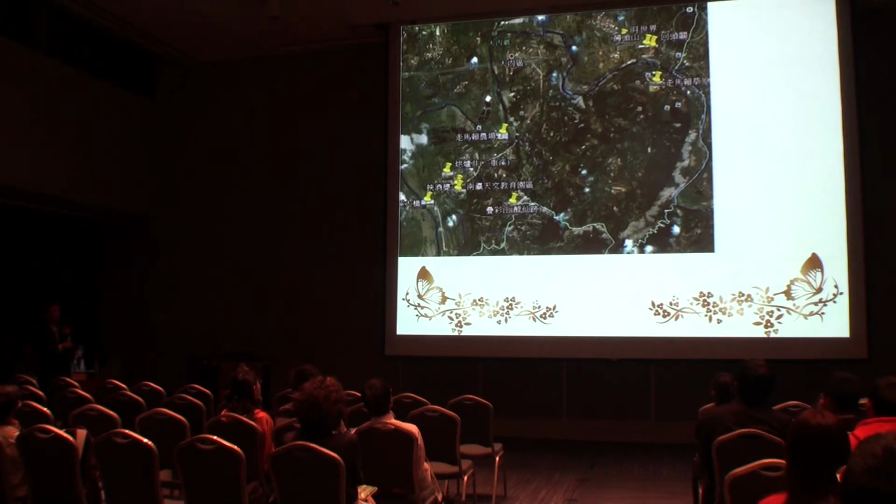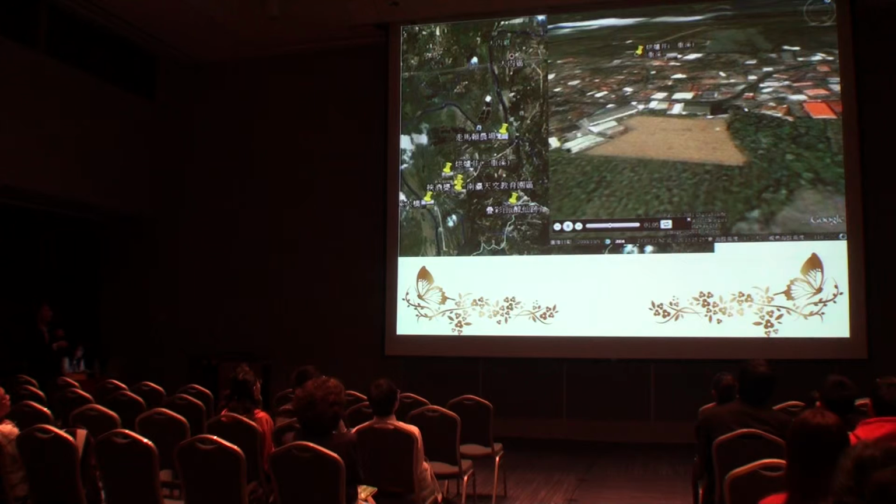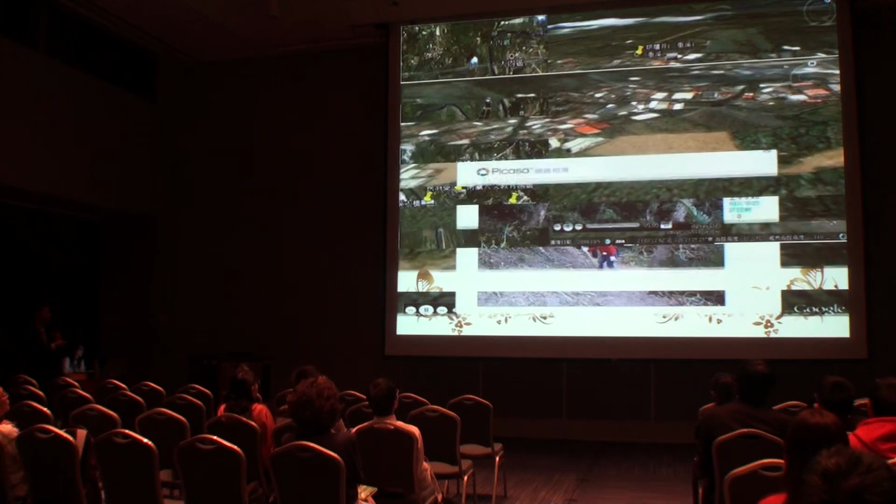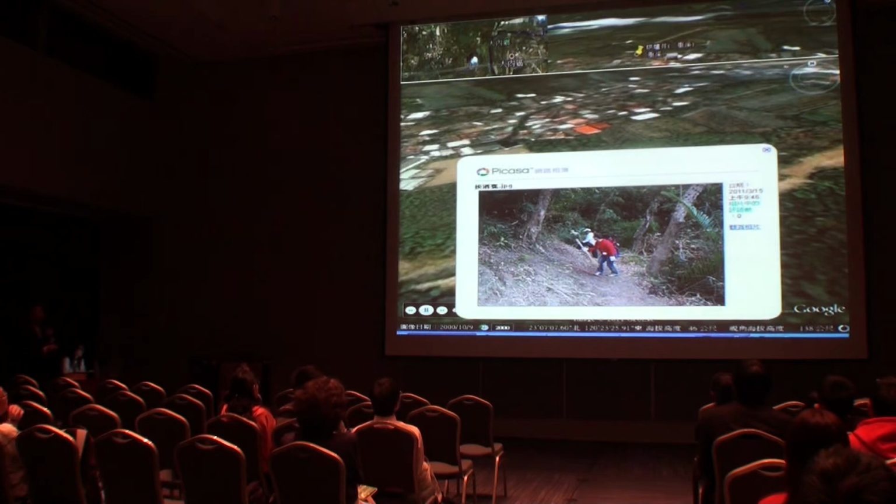And these are attractions in the community, and all point data was established in Google Earth. And the figure shows the simulated field views. We can play it, and the screen will move to every side. And when the screen moves to one point, the photos related to the point will be displayed.